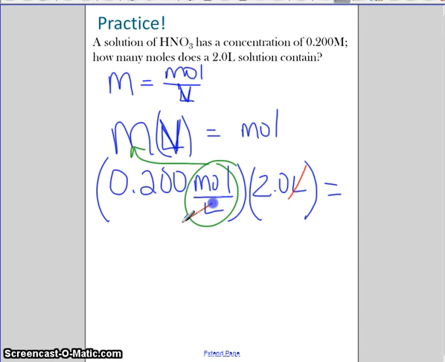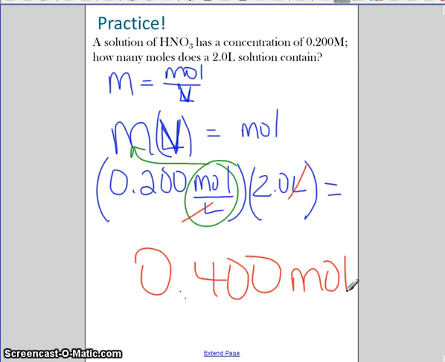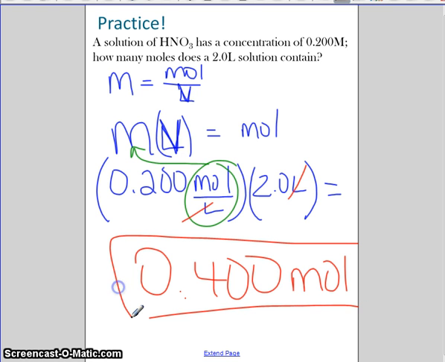So liters and liters cancel, and then I just multiply. 0.200 times 2 is 0.400, and it's going to be moles. So you need 0.400 moles of nitric acid in 2 liters to get a concentration of 0.200 molar.